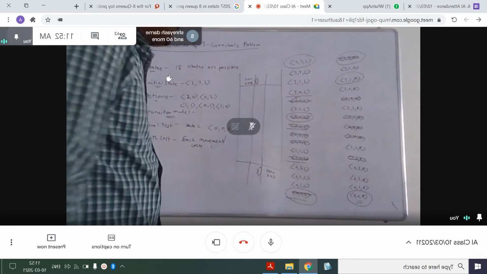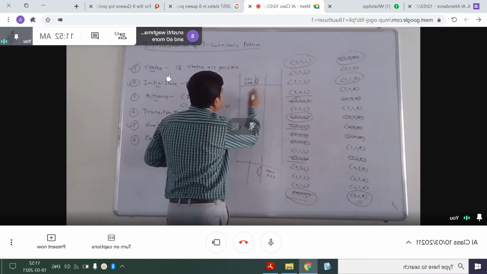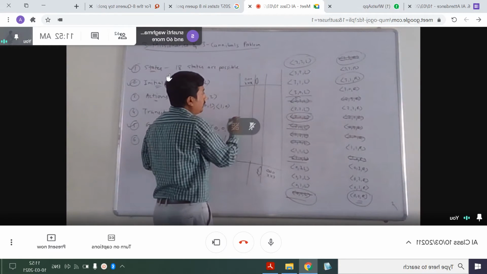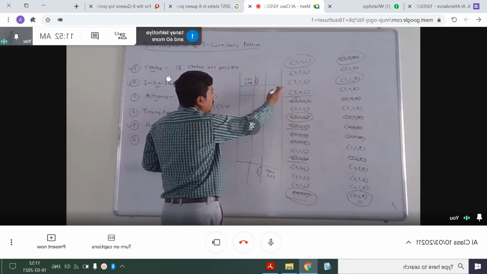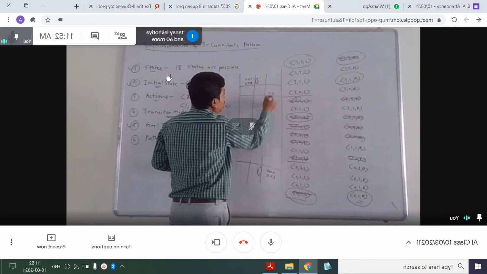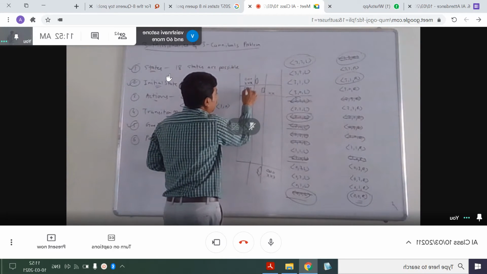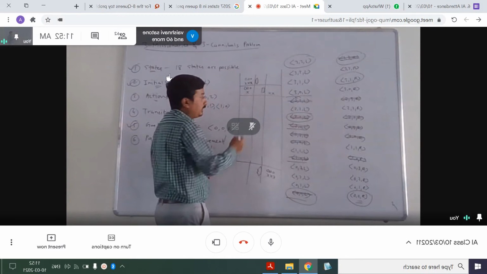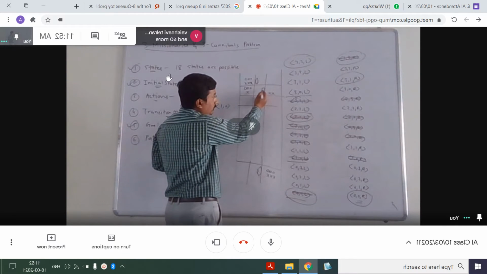Okay, focus here. This is my starting point. Initially, 2 cannibals will go to the other side. So we will have cannibals there and the boat will be there. Then one cannibal should bring the boat back, right?